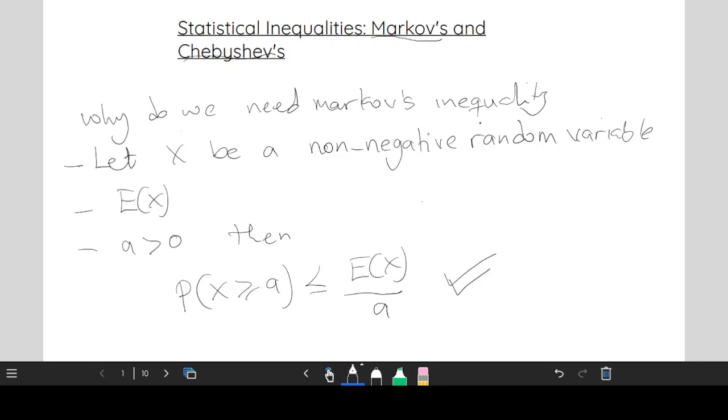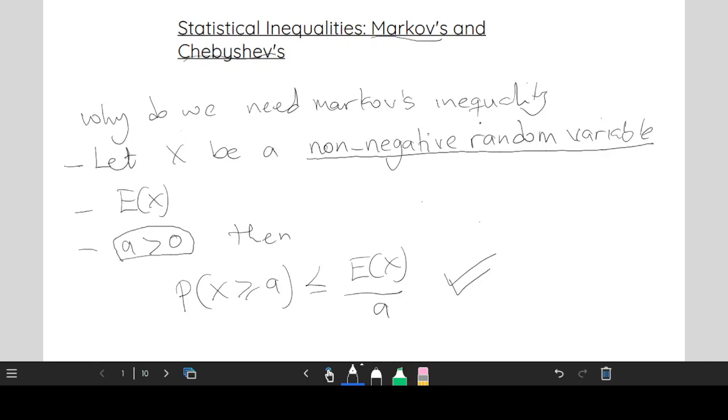In words, it states that the probability that X is at least A is at most the mean of X divided by A. Now let's pay attention to two things. First, X must be a non-negative random variable, and A must be strictly positive. Okay, so we need to pay attention to this statement.